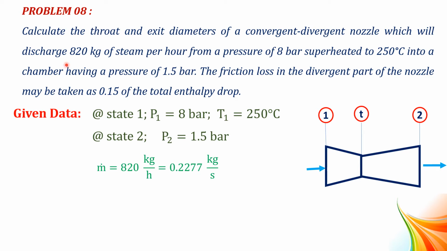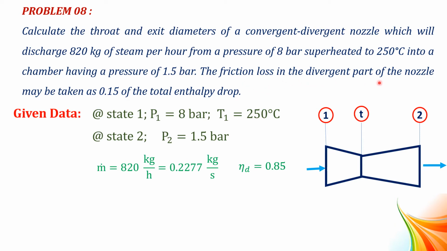The nozzle discharges 820 kg of steam per hour. So mass of steam m dot equal to 820 kg per hour. You have to convert to kilogram per second by dividing by 3600.